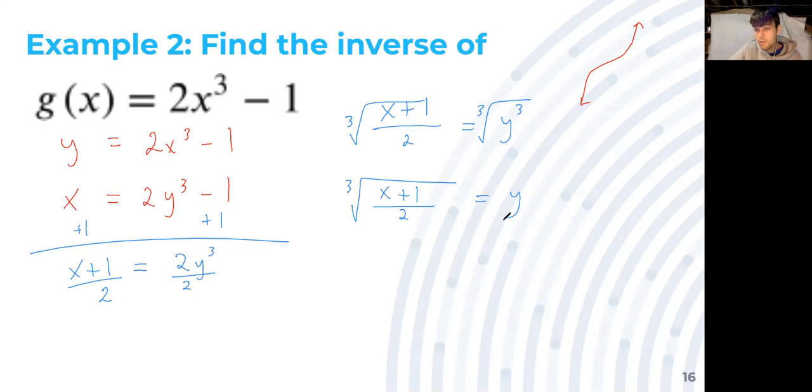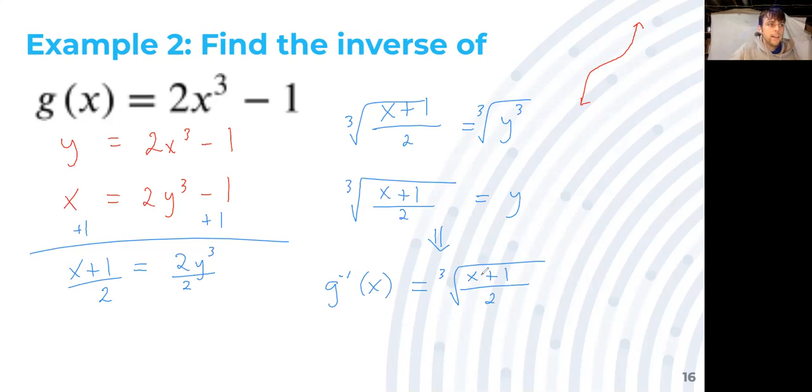That's not really in function notation, so my last step is, instead of writing this with a y, to change it back to function notation and call it the inverse. Oops, it's not f. It's g. g inverse of x is equal to the cube root of x plus 1 over 2. So that's our inverse function.